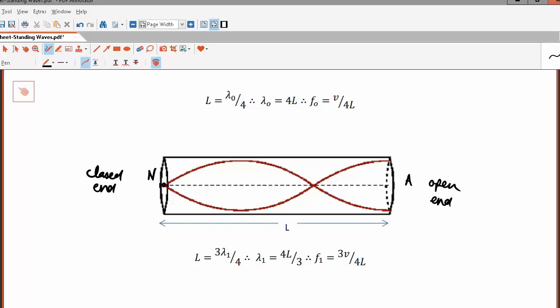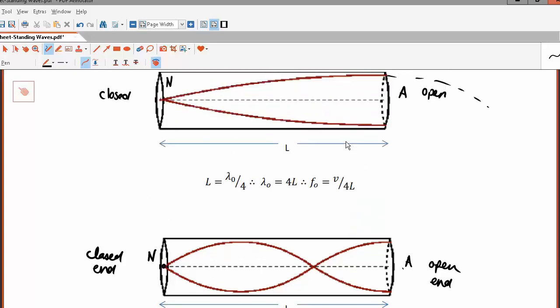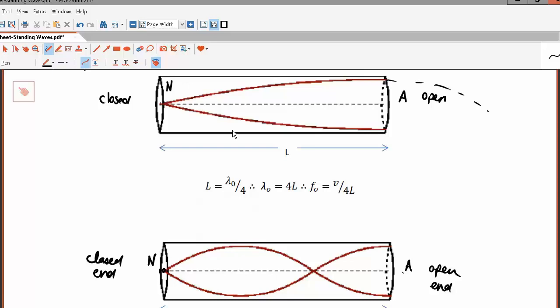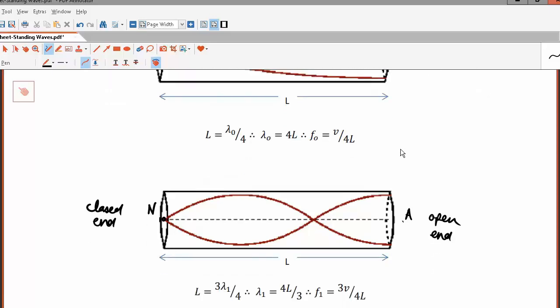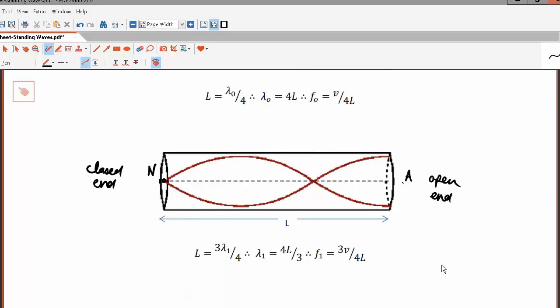So what kind of shape would have a node here and an antinode at this part? Well, we have this, but then the next waveform that will have those characteristics is this shape. And we can see that the length of the tube is equal to 3/4 of the wavelength.